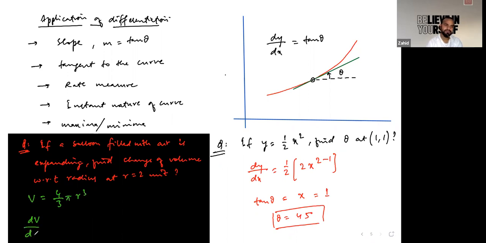So the differentiation of volume with respect to r would be equal to 4 by 3 pi as a constant, take it outside. And here we have r raised to cube, so according to the formula, it would be n x raised to n minus 1. Is it clear to all till this part? Yes, sir.